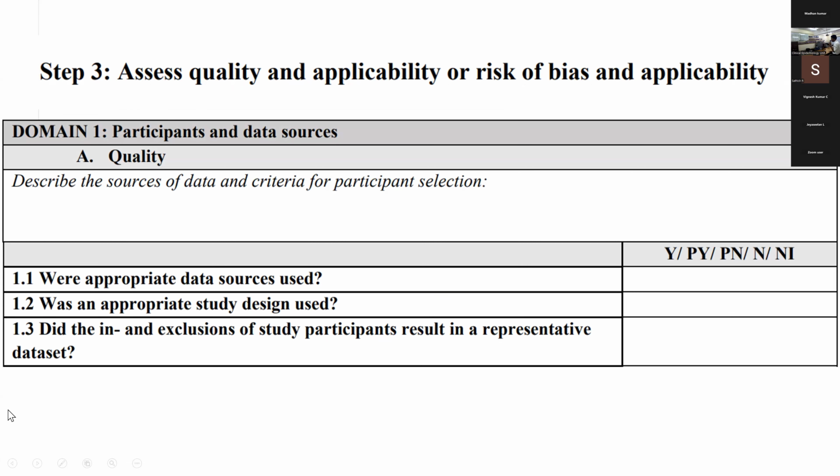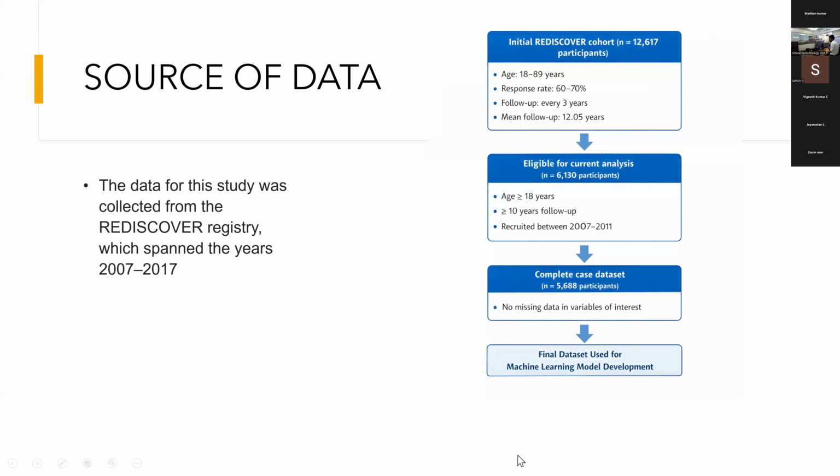So the first step is to assess the quality, that is, risk of bias and applicability. The first domain is the participants. The first question is, were appropriate data sources used? For this, I have given a yes because the data was used from an ongoing prospective cohort in Malaysia called the REDISCOVER cohort, which spanned 2007 to 2017.